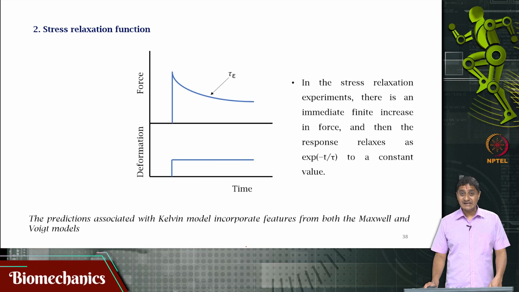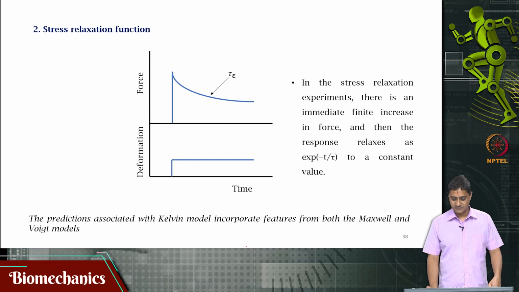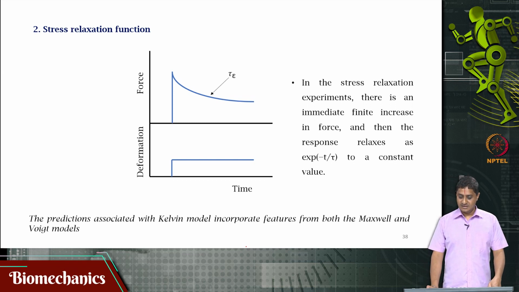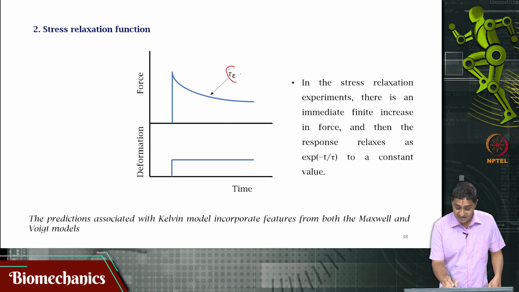Now, what about stress relaxation? Well, when I apply a sudden change in deformation, what happens is that there is an immediate increase in force. That is expected. There is an immediate increase in force, and then the relaxation happens with some time constant tau. But what is the time constant? That is tau epsilon.